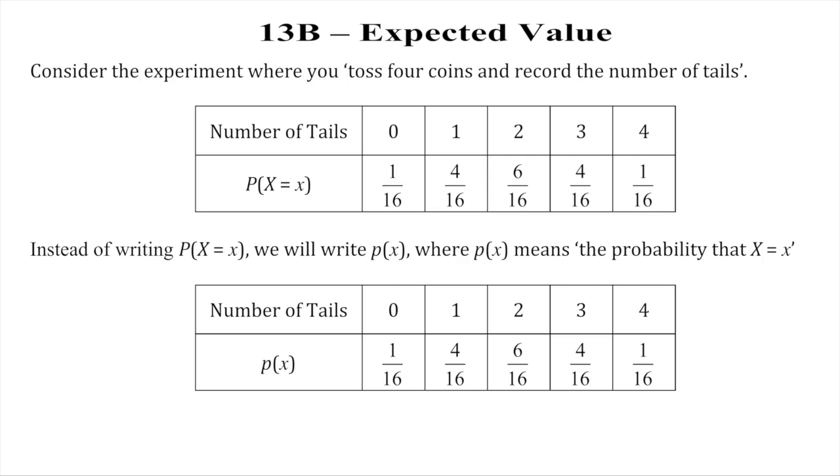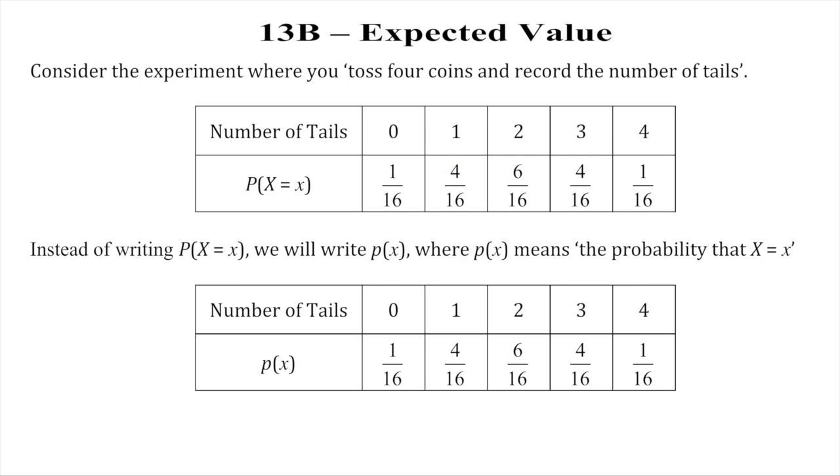If you look at your tree diagram and you said, what's the probability of getting 1 tail? Well, there would be 4 paths, and they would have been the options where you had tail, head, head, head; head, tail, head, head; head, head, tail, head; head, head, head, tail. And they're the 4 different ways you can get 1 tail.